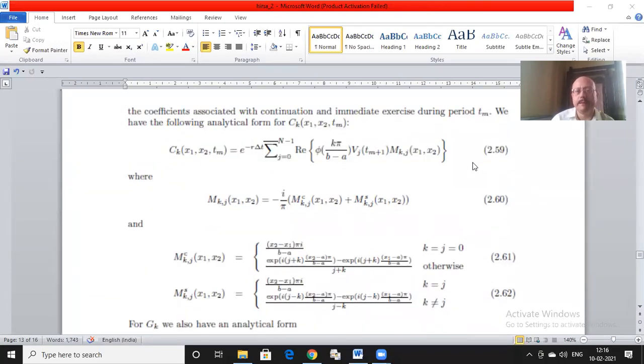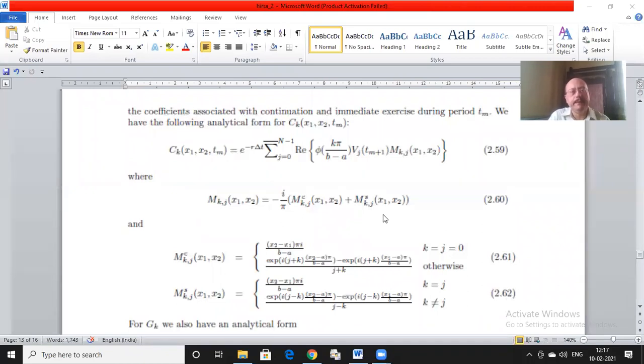CK can be solved for e to the power minus r delta t, times this summation, again a truncated summation, of the real part of phi k pi, Vj Tm plus 1, Mkj x1 x2. Here Vj Tm plus 1 is similar V terms starting from the next decision node. Tm plus 1 is the next decision node, and Mk is defined like this.